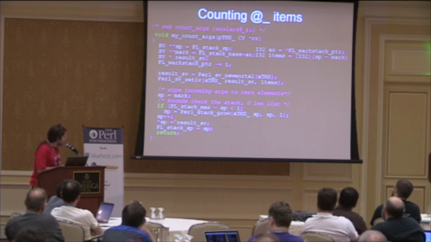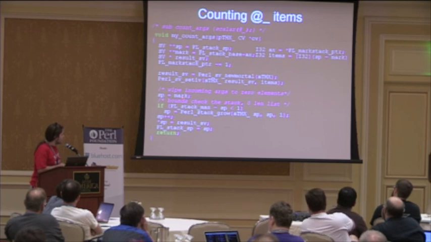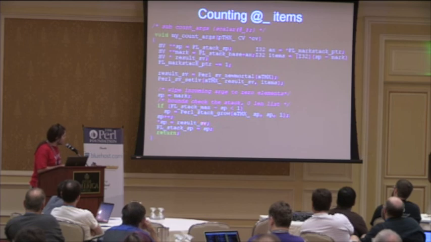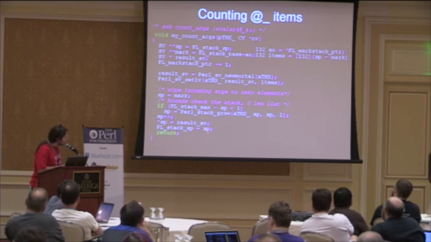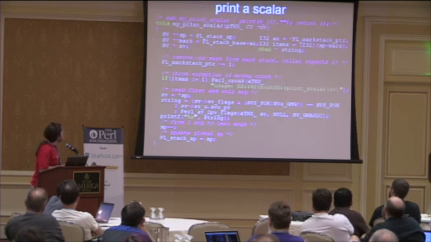Because SP at this point is underneath mark, and mark is an invalid memory address for us, we advance SP by 1 and we put our SV pointer on the Perl stack, and then we save the location of the Perl stack to the global copy of SP for our caller to figure out what we're returning.